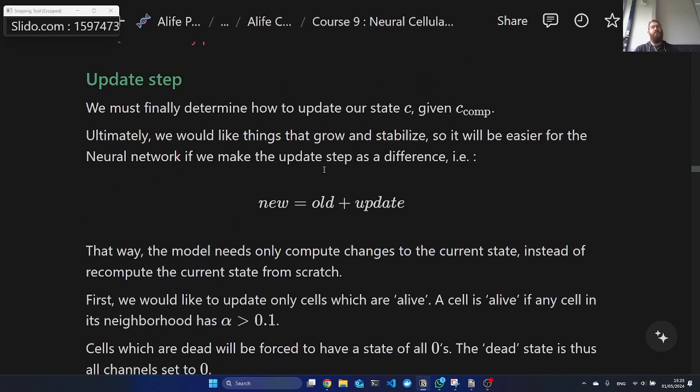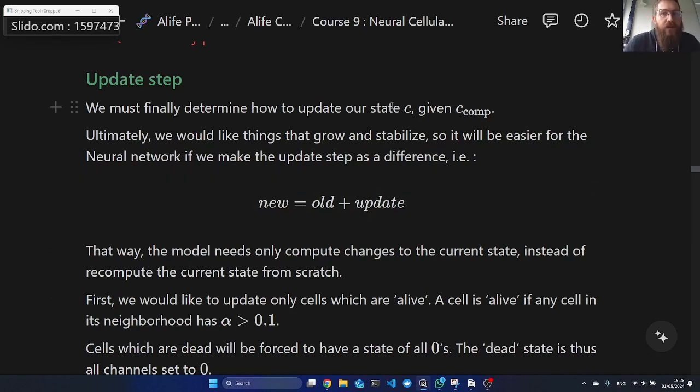All right. So we have our computation step, which gives us some value, which could be the new state of the cell after it had observed its neighbors, but we would like to make things a bit more smooth. So instead of being the new state of the cell, it will be how much the cell should update each of its channels.